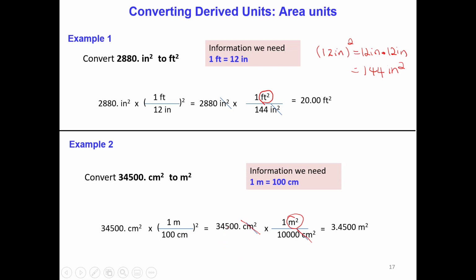We divide 34,500 divided by 10,000. And then the answer is 3.4500. We had 1, 2, 3, 4, 5 significant digits. Then this is the answer: 3.4500 square meters.